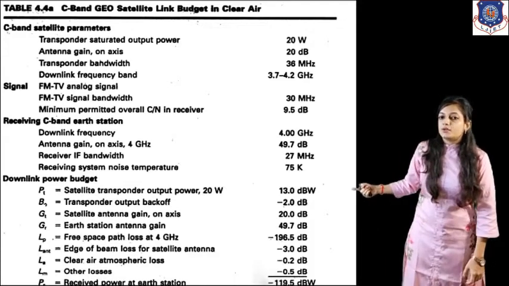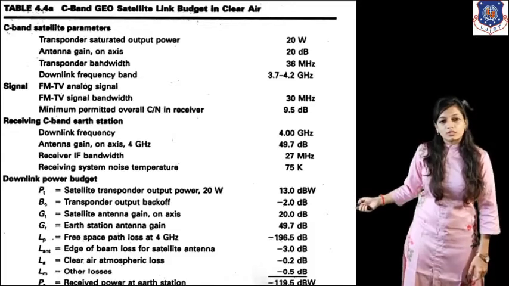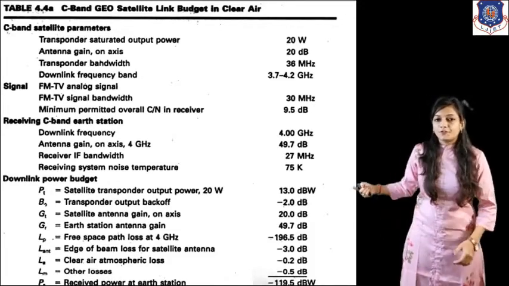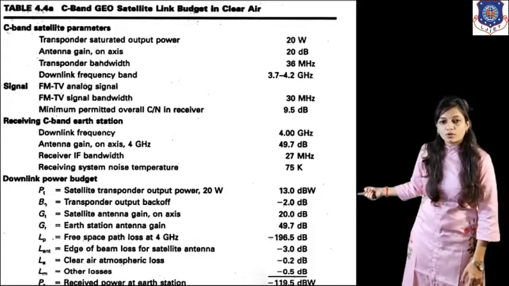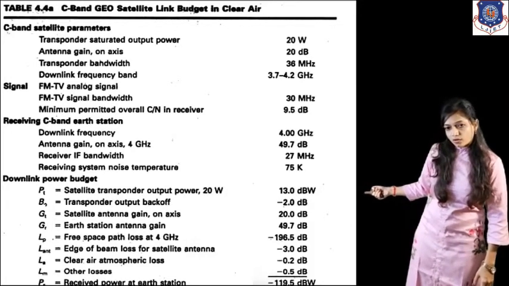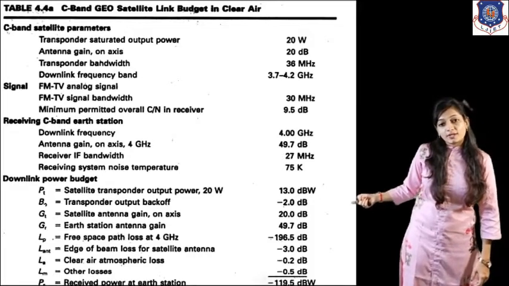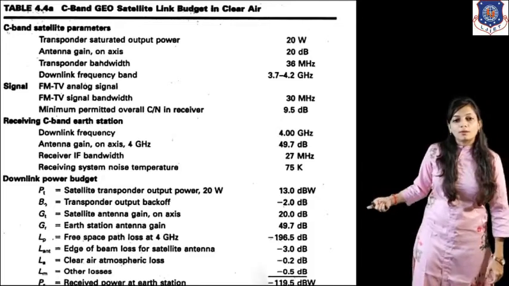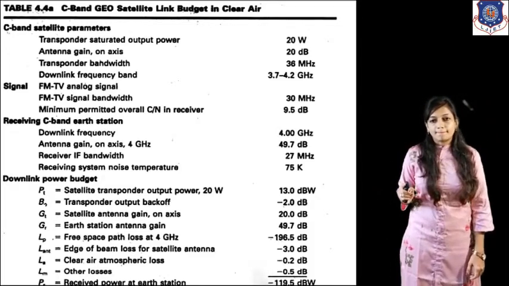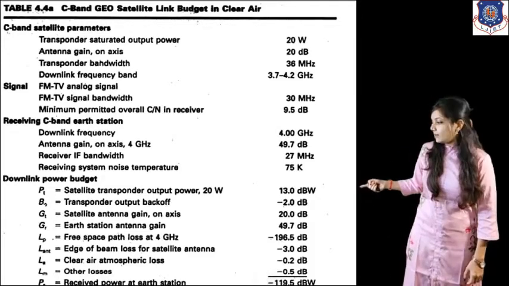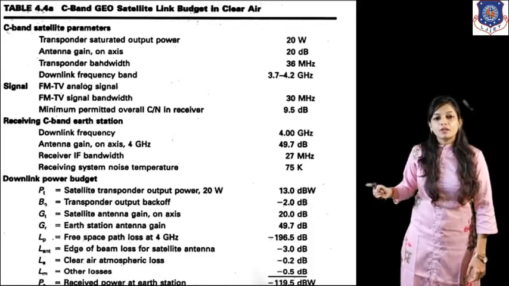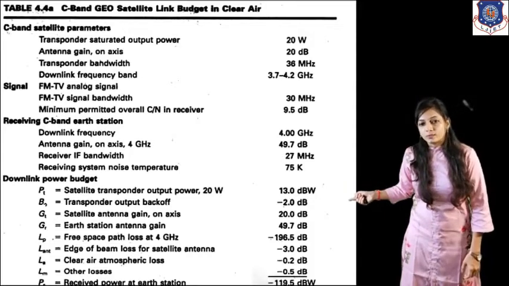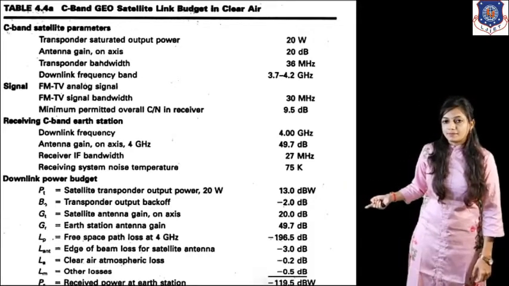Over here, we are going to calculate a downlink power budget. For that, what are the different parameters that we need? The first one is the satellite transponder output power, that is 20 watt. That 20 watt is converted into dBW by 10 log base 10. Okay, so 13 dBW will be the answer. Transponder output back off, which is already given, is minus 2 dB.